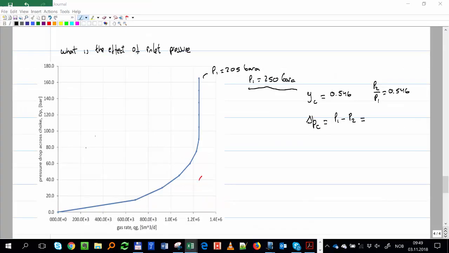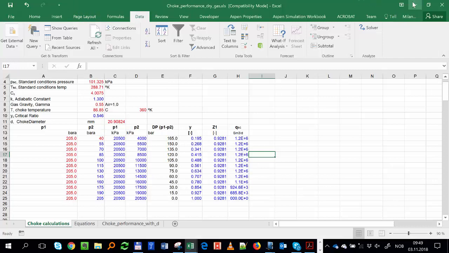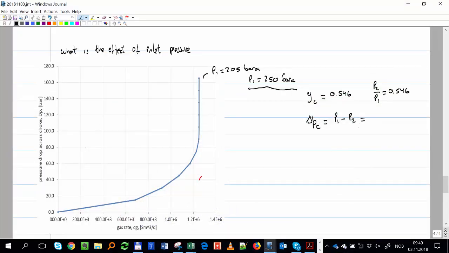Then delta P critical is P1 minus 0.546 P1, that will be, as you told me yesterday, 0.454 P1.